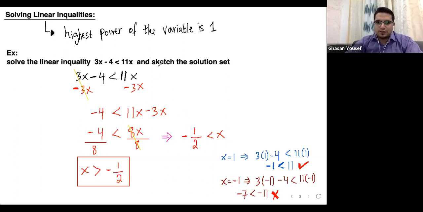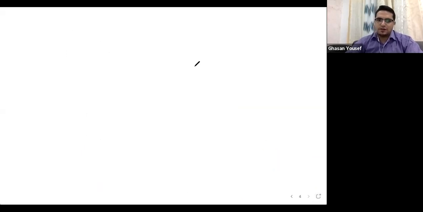Now, the second part of this question in this example says to sketch the solution set. Before we sketch, I have to give you the solution set here.